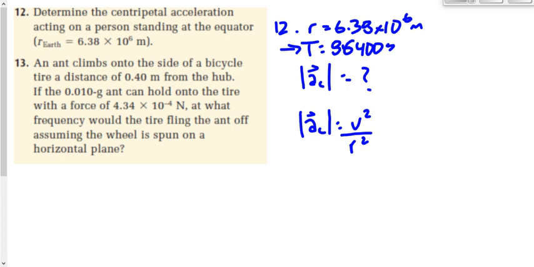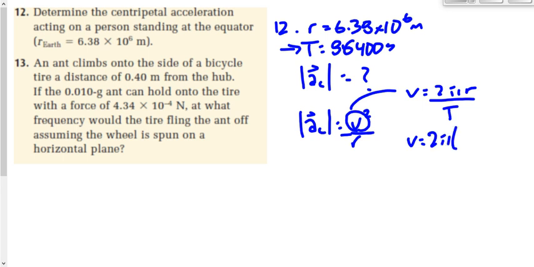We know that we have to find v, and that's going to happen by 2 pi r over T. Now it's really important that I recognize what the period was. 2 times pi times 6.38 times 10 to the 6, divided by the period of 86,400 seconds.